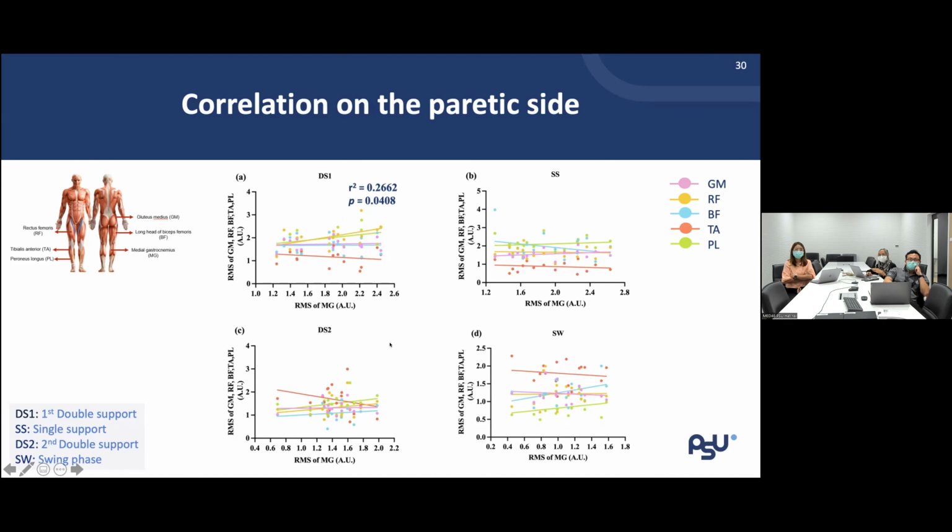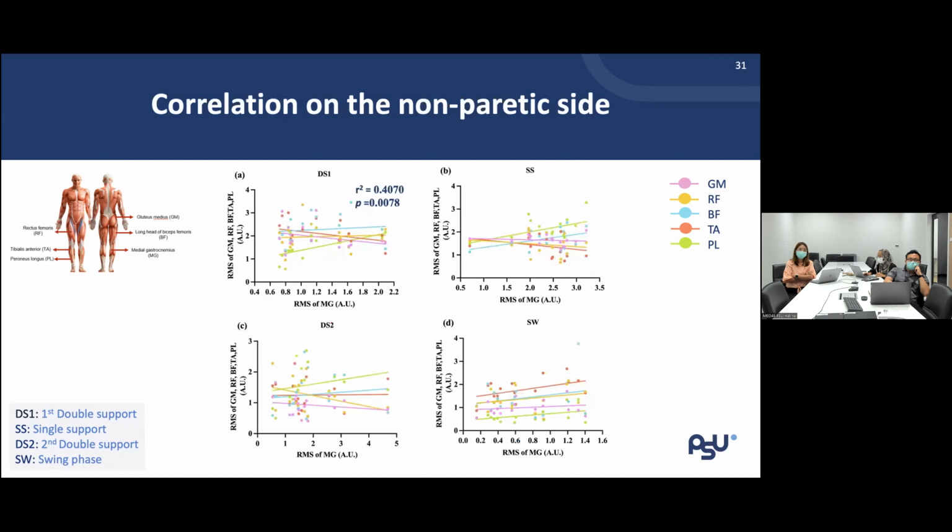But in other phases, there is no correlation between the gastrocnemius and other muscles. And this is from the non-paretic side. In the first double support, I found a correlation between the medial gastrocnemius and the peroneus longus muscle, you can see from the green, a positive correlation as well.